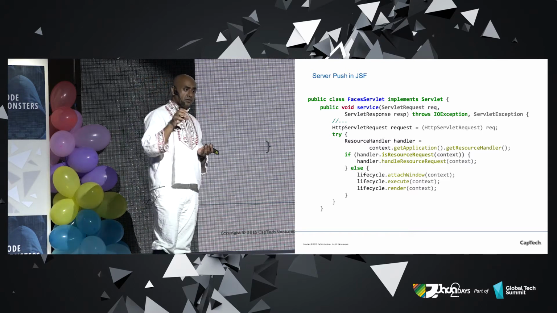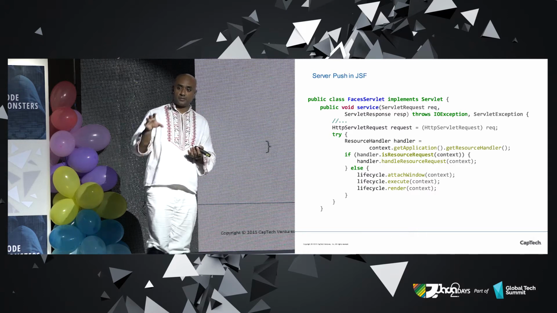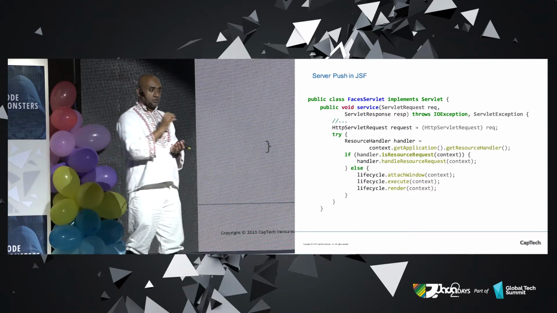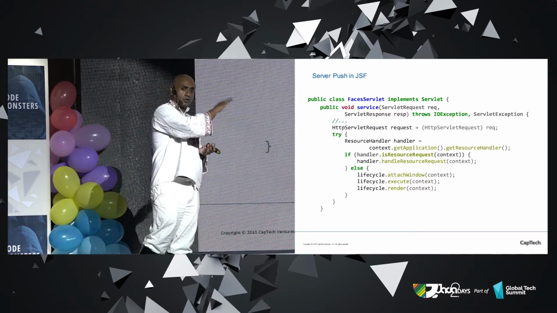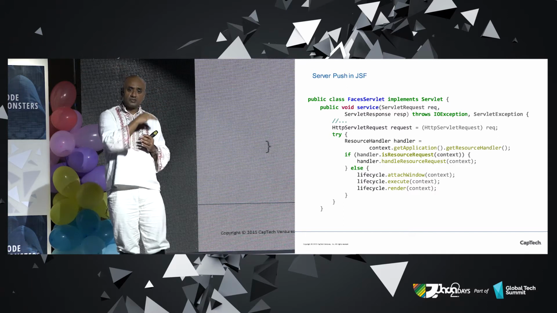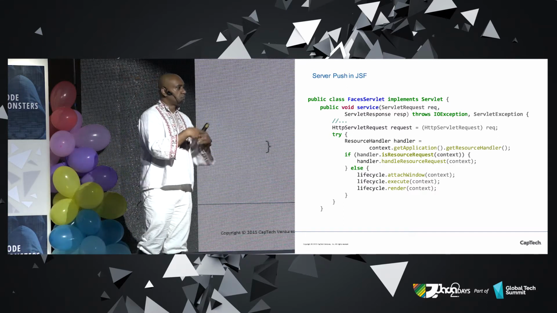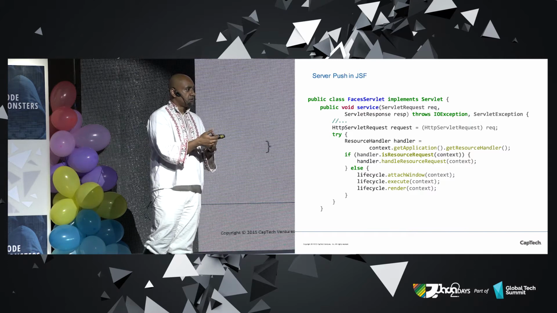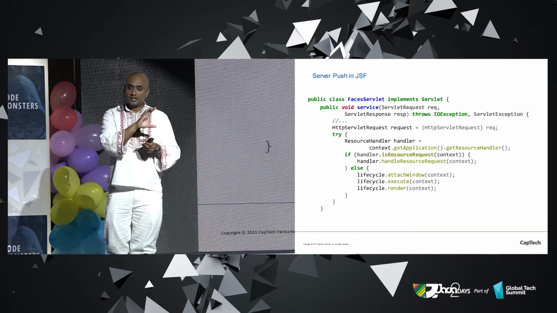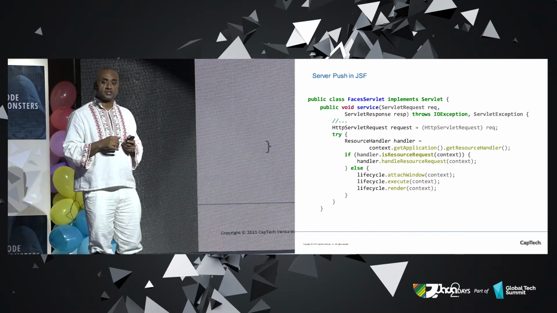So for a given JSF page or a JSF application, you can actually specify a set of resources. What these higher order applications can now do is understand those resources, and without you, the developer, having to do much of anything else, make these HTTP push things happen essentially behind the scenes for you.